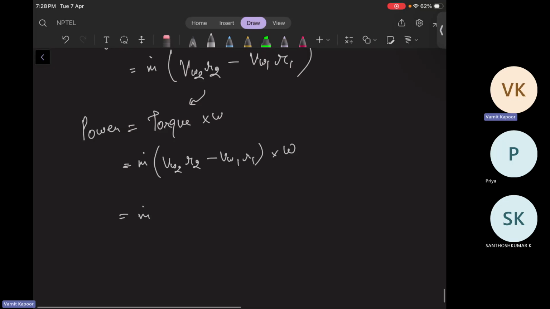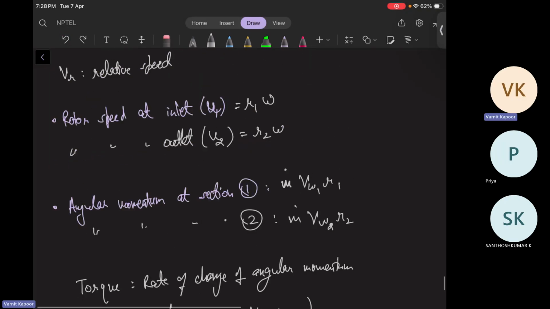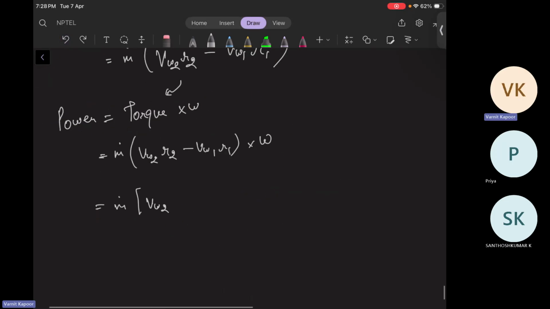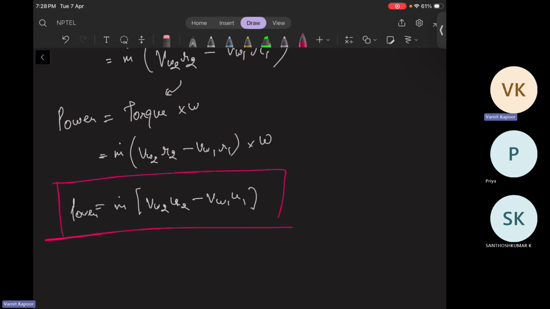If you put this, it will be mass flow rate times VW2 R2 times omega, and R2 times omega is nothing but U2, which we have just written here. So it is U2 minus VW1 U1. This is your power. Now you need to have these components, the whirl components and the blade velocities.